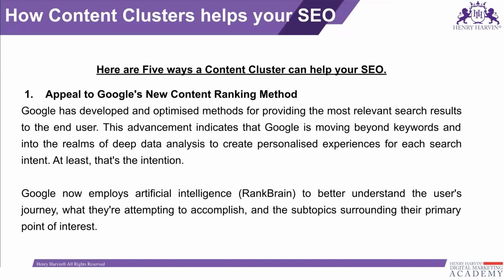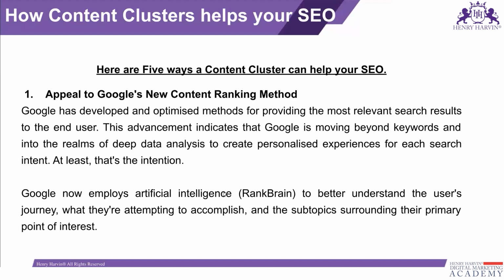The basics are always the same, but with changing times, Google changes its method of how to rank websites. Google has a new method of ranking, and so it will help us rank using content clusters. For example, if we have multiple content on email marketing, then definitely it will show us in the results.